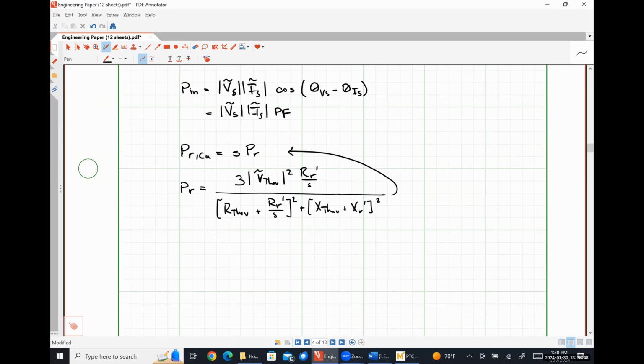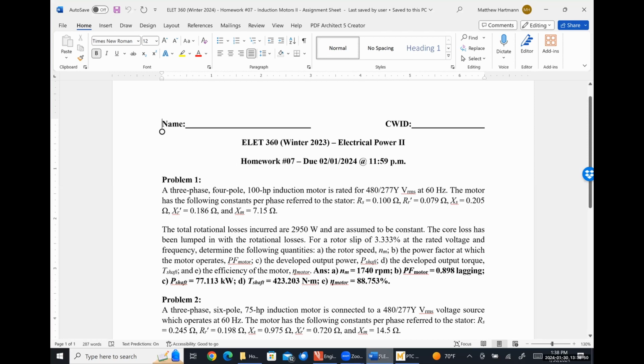Next part of the problem, we were asked to find the output power. So the power, oh wait, no, that's literally what we just found. Our output torque, okay?